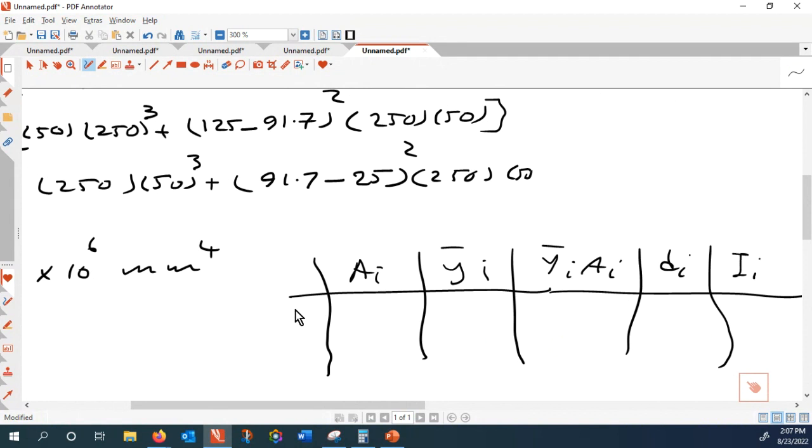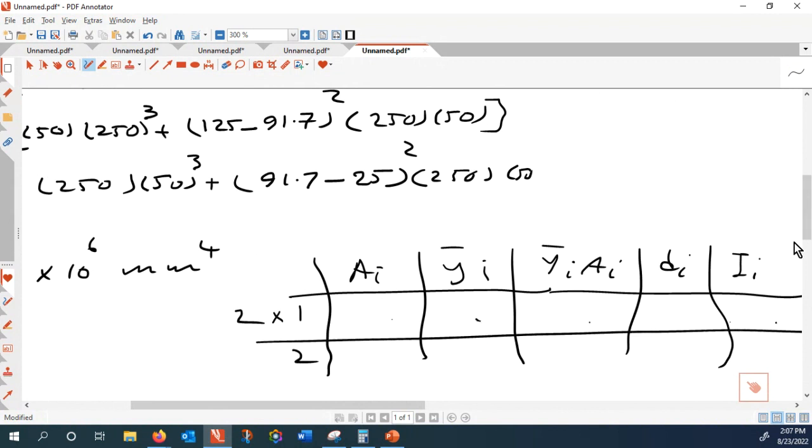Okay, so how many shapes are here? Shape number 1 times 2, shape number 2. So for every item, you put the numbers here, and then you add them up in a tabular way. So that makes the verification of your solution easier. Later on, if you want to come back to the calculation, this is less error prone.